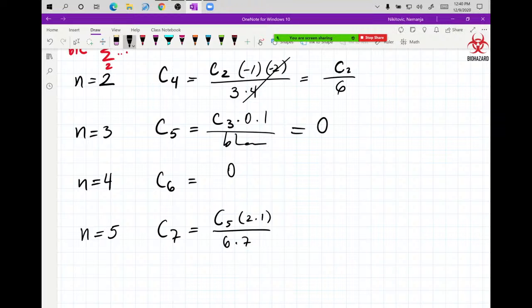But hold on, C5 was 0, right? So that's going to be 2 over 42 times 0, and that's also equal to 0. Ooh, looks like all of these guys are zeros.